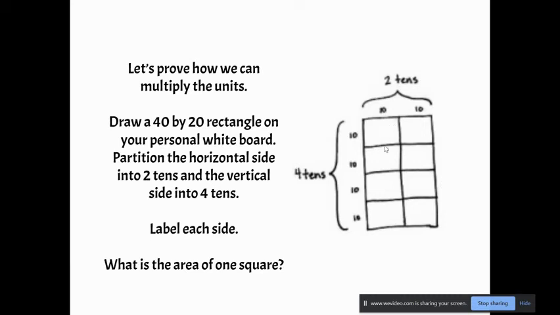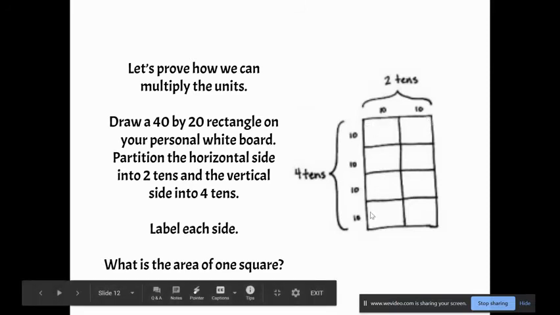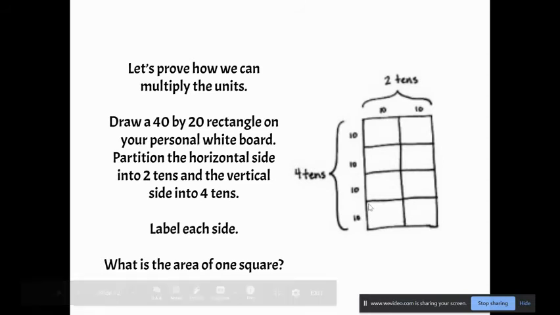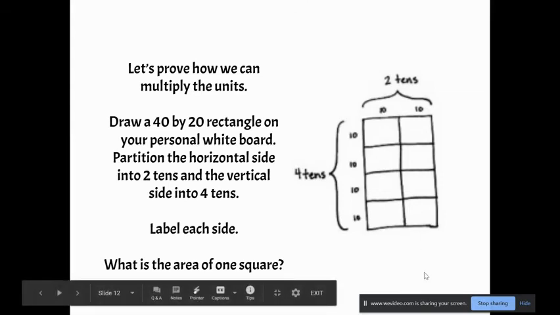If I drew my model, I have 2 tens on my horizontal side, and 4 tens on my vertical side, and each one of these squares has an area of 10 by 10. Remember, when we have area, we multiply 10 units by 10 units for 100 square units.